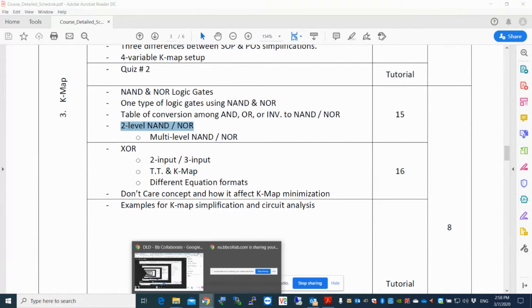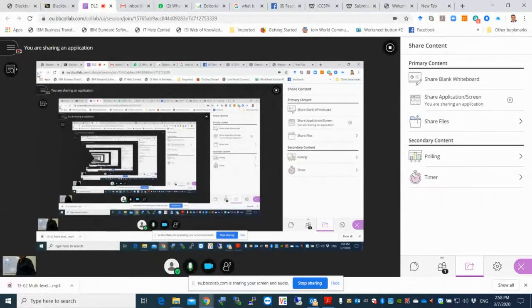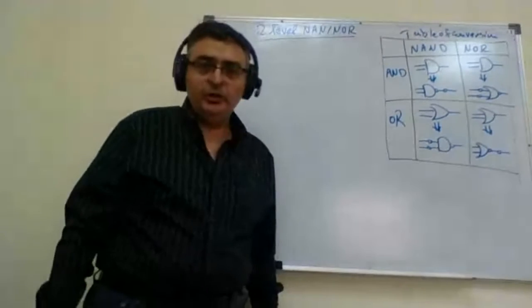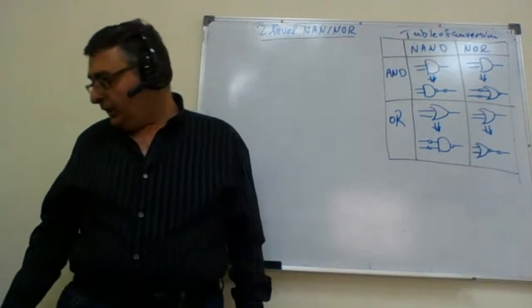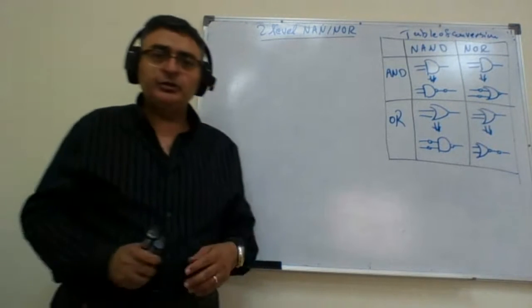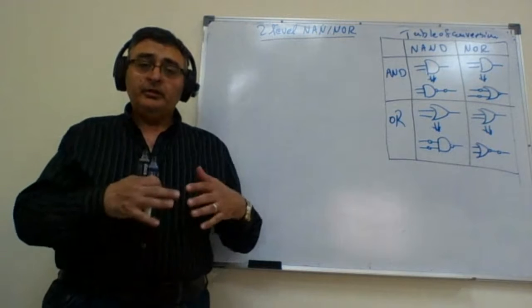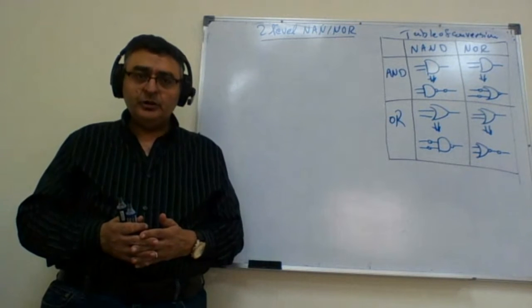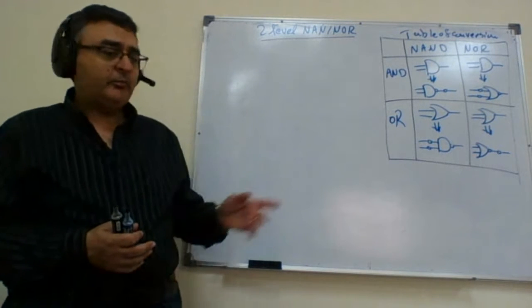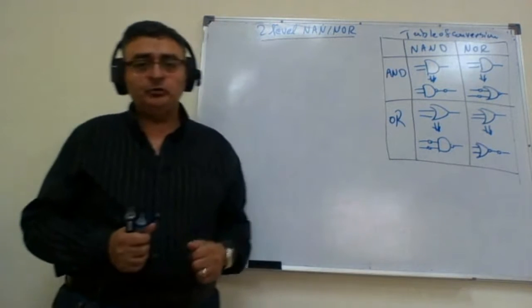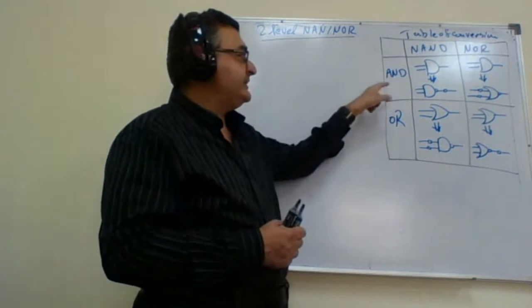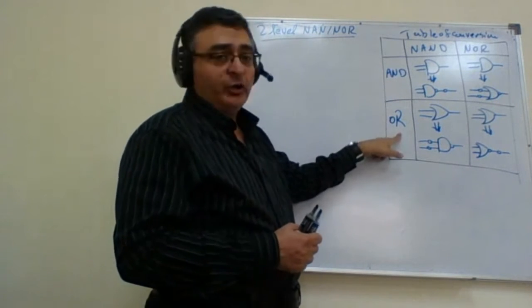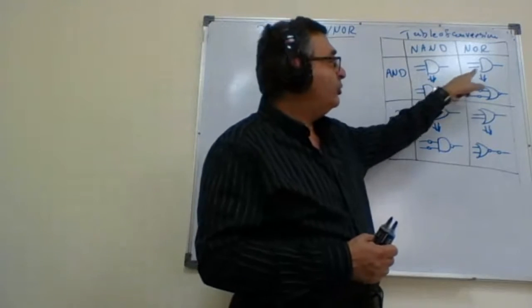So this third part of lecture number 15 will be about the two-level NAND and the two-level NOR. In the last two lectures, and including the re-lecture in the class, we have come up with the table that converts the different basic logic gates, the AND and the OR, to NAND or NOR.